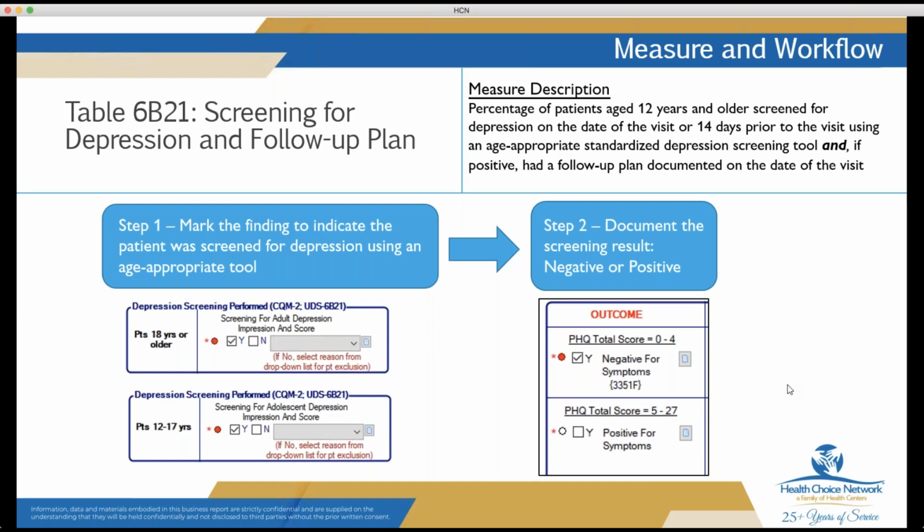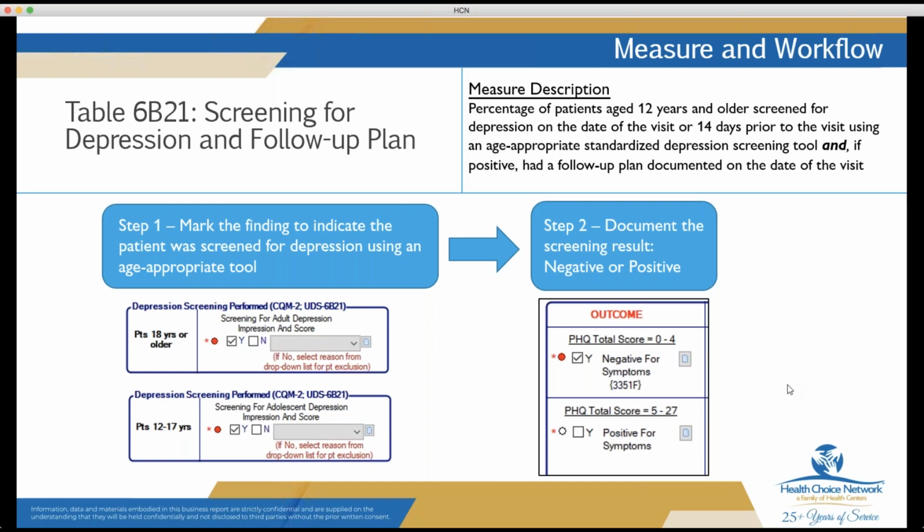And then on that same tab, if you're on the PHQ-9 or PHQ-A, you can then document the follow-up after you've documented the score. And so now it's only looking at documentation of negative or positive. If it's a negative screening, then that's all you have to do in order to meet this measure.